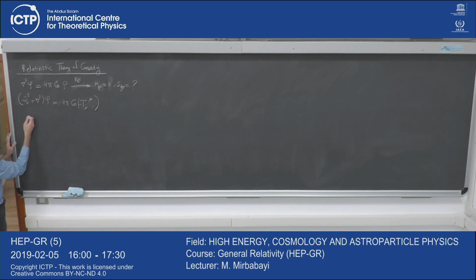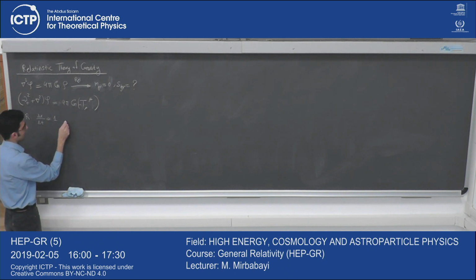And the reason for that is that when we go to the non-relativistic limit, that means that we are considering small velocities, or in other words, delta x divided by delta t is much less than 1. Remember that we set the speed of light to 1.